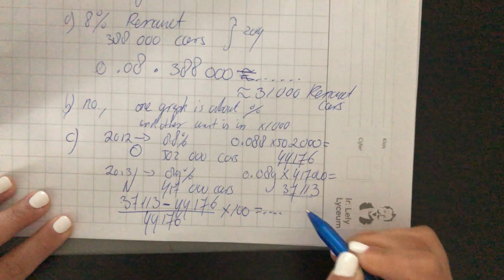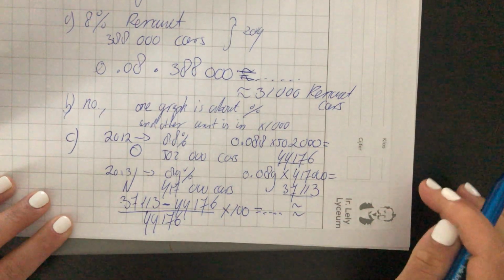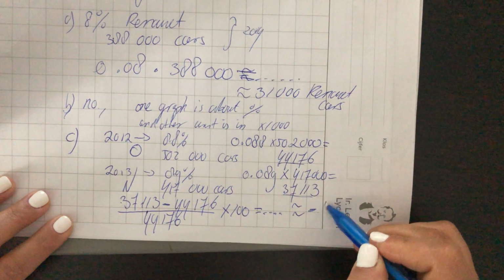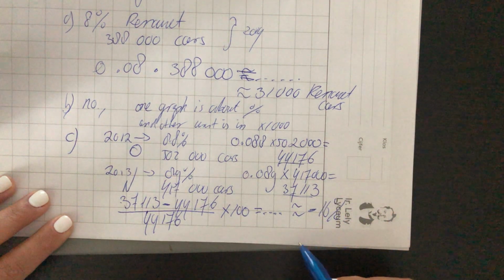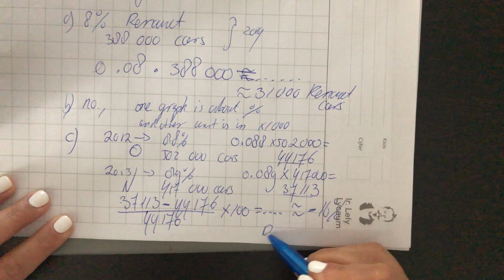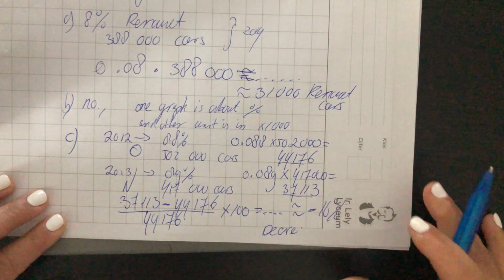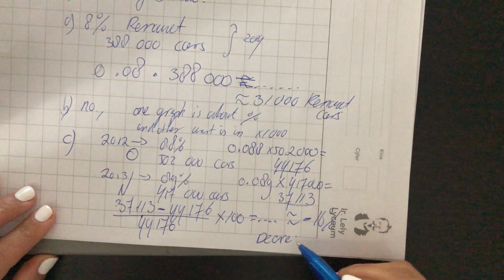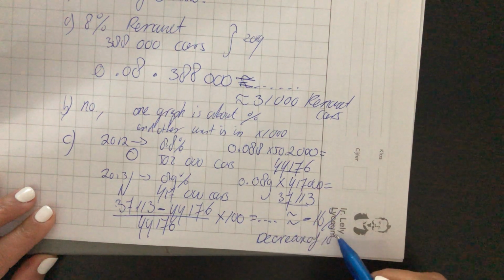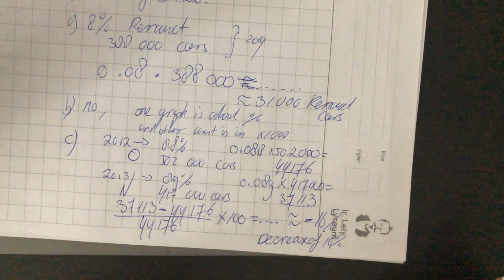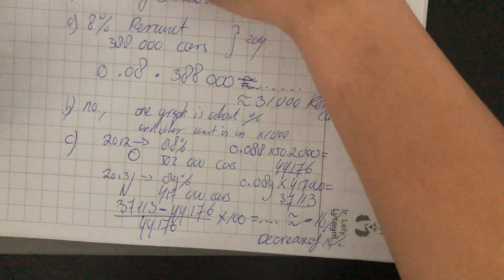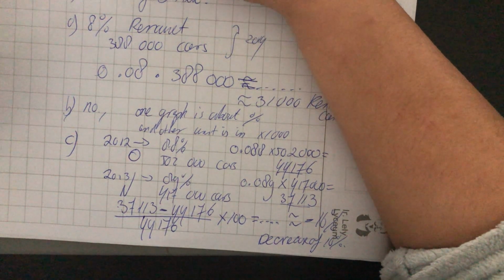And you calculate and you figured it out that it is negative 16%, which makes sense because the difference, there was a decrease of 16% of Renault Clios that were sold. So it was less.